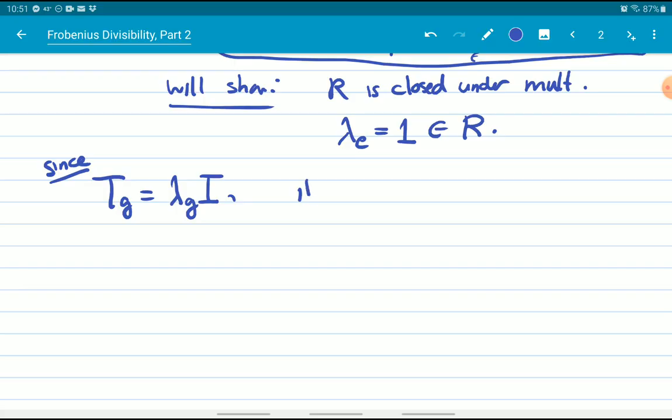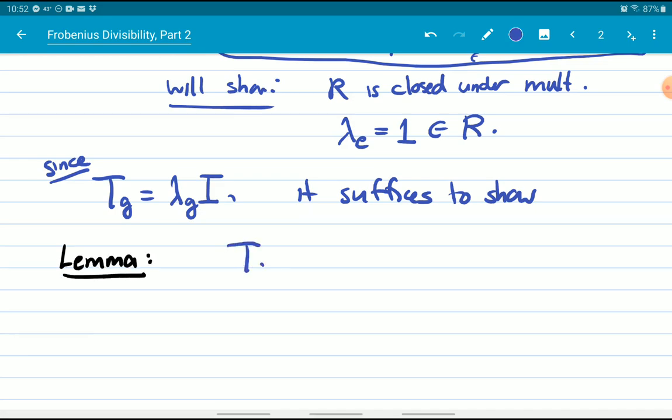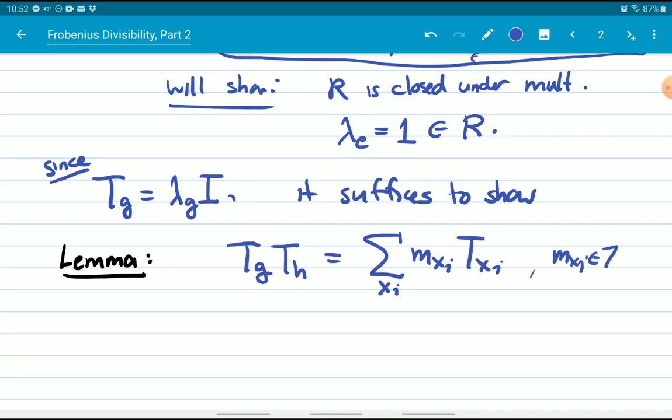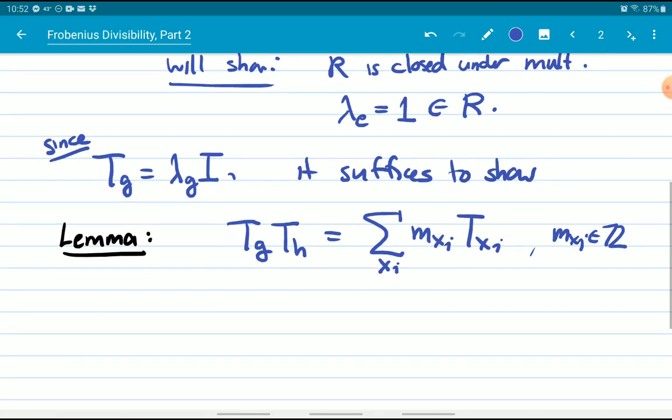So what I'll show is the following. If I take Tg composed with Th, that's a sum over some elements of some integers times Txi. Since these operators are really multiples of the identity, and by the way, this vector space is not zero-dimensional, so you can actually read off what the scalars are.